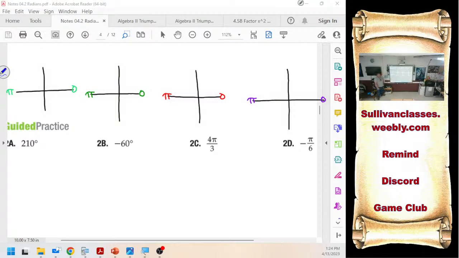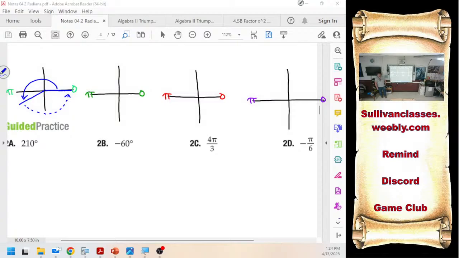All right. Contestant 1, what quadrant am I in? Third. 210 is past 180. So 210 degrees is how much of the way to the next pi?